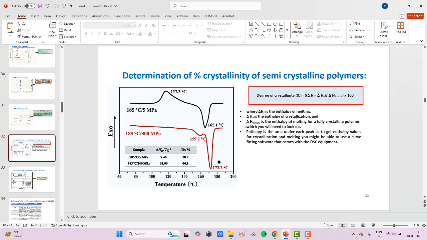Delta Hf 100% is the enthalpy of melting for a fully crystalline polymer, which you will need to look up. So delta Hf minus delta Hc divided by delta Hf 100%, times 100, is the formula to check the degree of crystallinity.